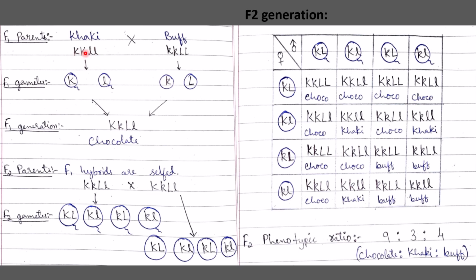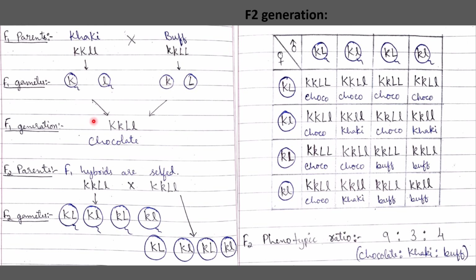That's how we are taking dominant K and then recessive L here. And buff color is produced when the allele K is in recessive condition, irrespective of the homozygosity or heterozygosity of the dominant allele L here.